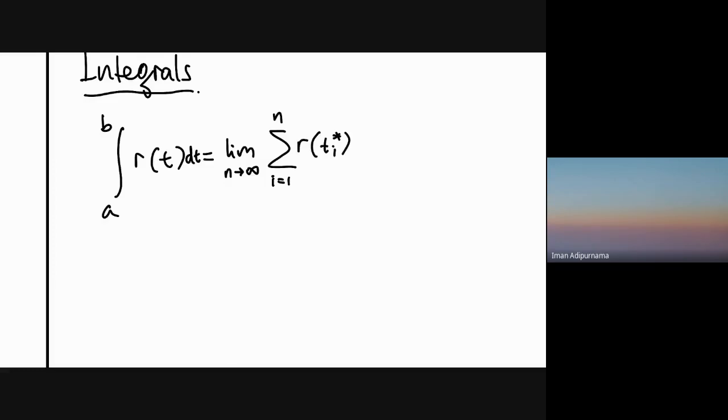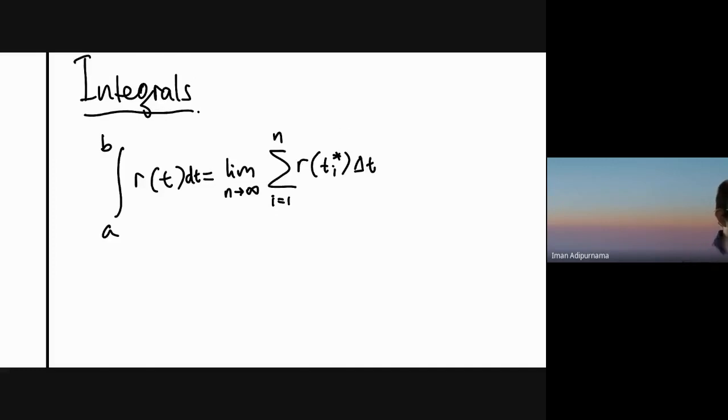So it's pretty much identical to calculus 1, right?